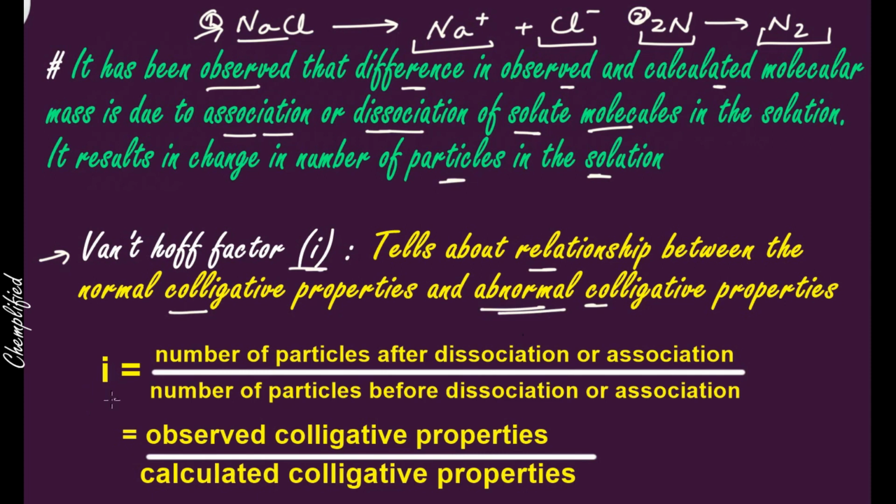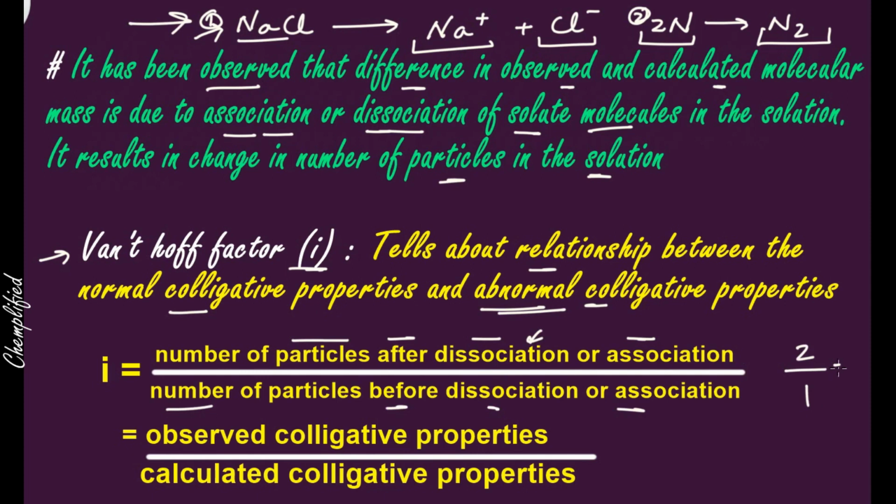Now look at the formula. i equals number of particles after dissociation or association upon number of particles before dissociation or association. Now look at our first example, NaCl. In the starting we have one particle, right? Afterwards we have two particles. So number of particles after dissociation is 2, upon number of particles before dissociation, 1.